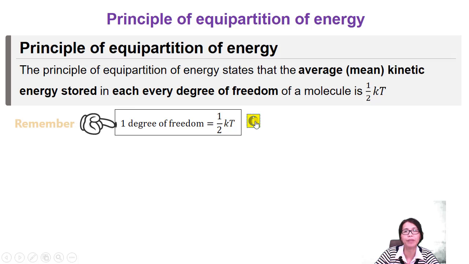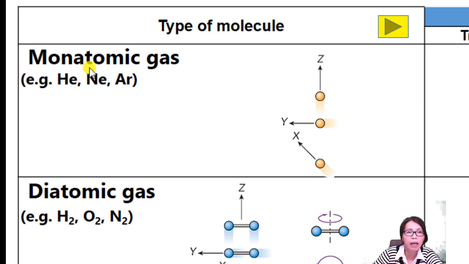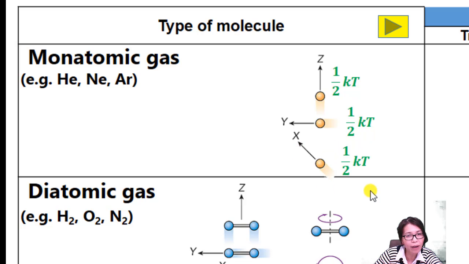I repeat. Let us see one by one, for monoatomic gas. For the translational motion along the z-axis, they are going to store energy of 1/2 kT. Along the y-axis, they are going to have energy of 1/2 kT. And along the x-axis, they are going to have energy of 1/2 kT.